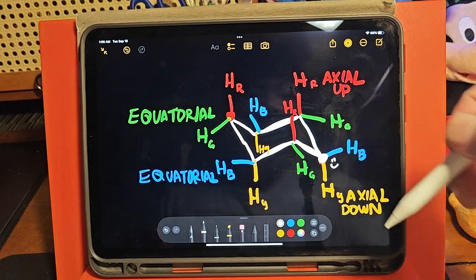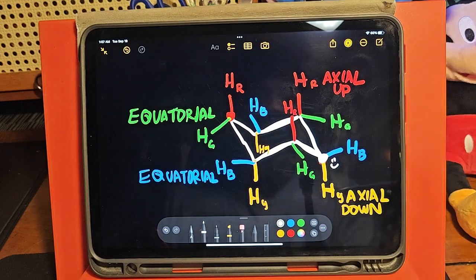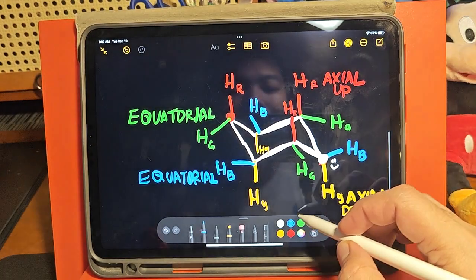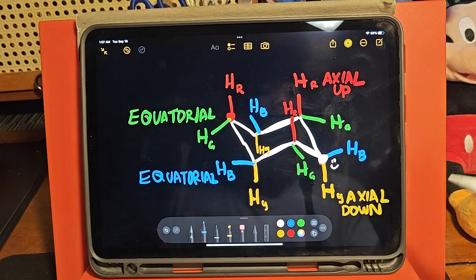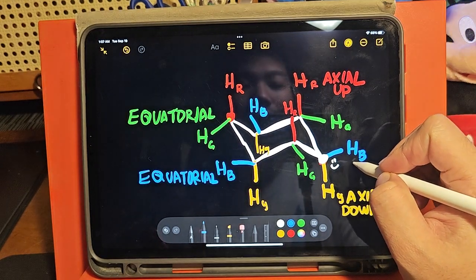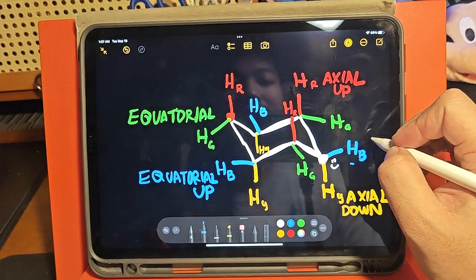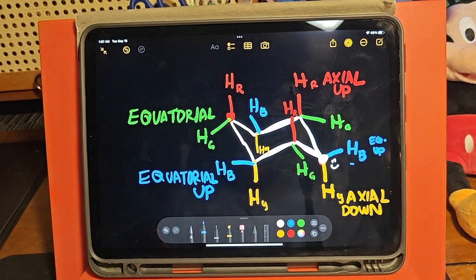That carbon has a hydrogen, yellow, going vertically down, an axial down. This blue hydrogen over here is in an equatorial position. It's going sideways, but it's higher than the axial down. So this blue hydrogen is in an equatorial up position.